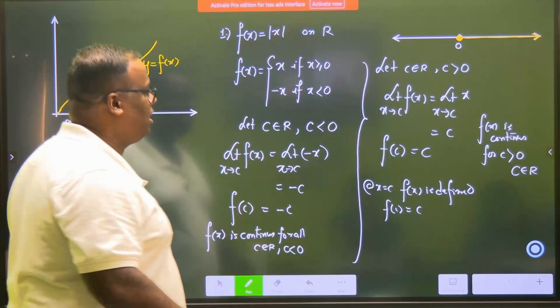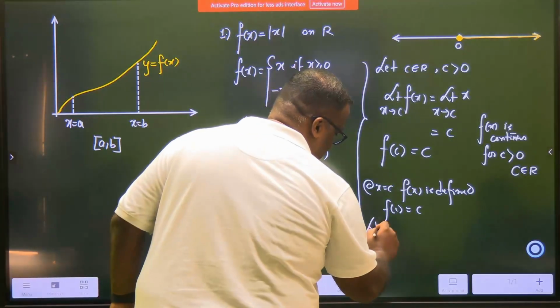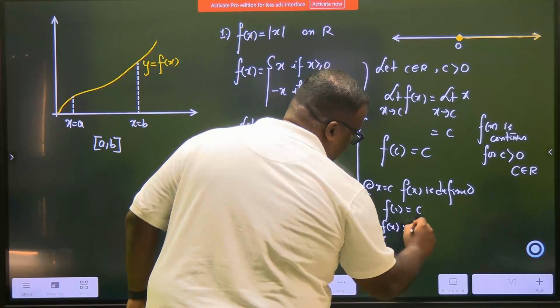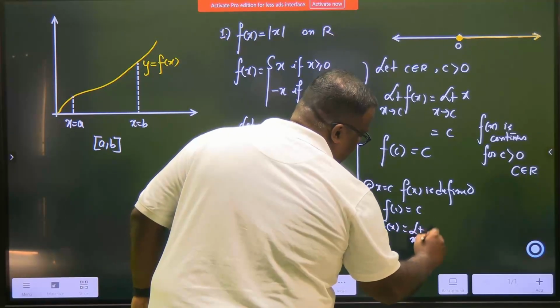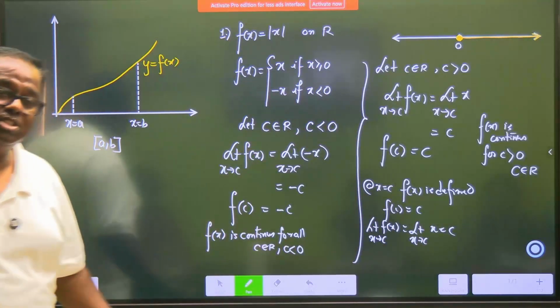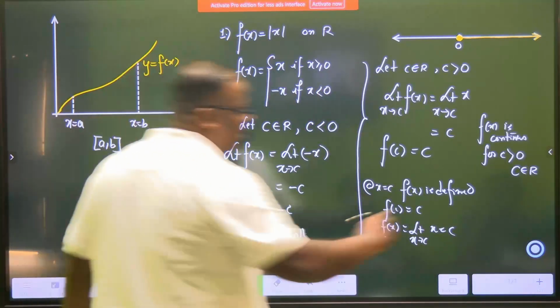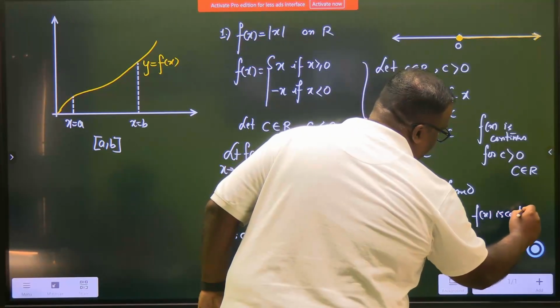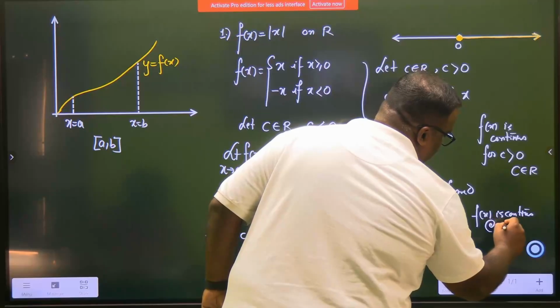And if you want to take limit x tends to c, f of x, what value will you take? Limit x tends to c, x, which is equal to c. So the function is continuous at c also. Therefore, you say f(x) is continuous at c greater than 0.